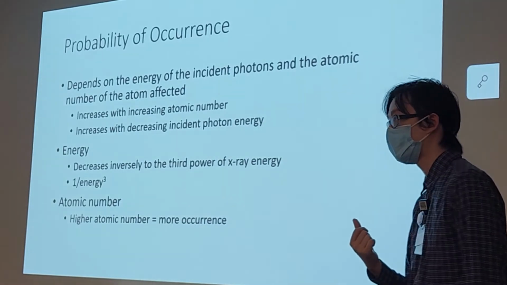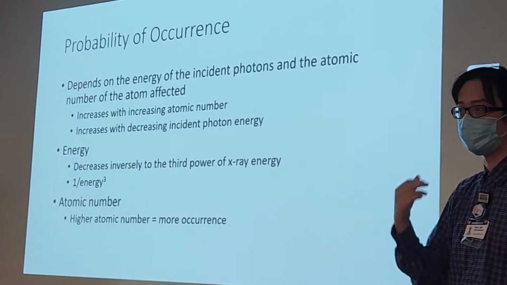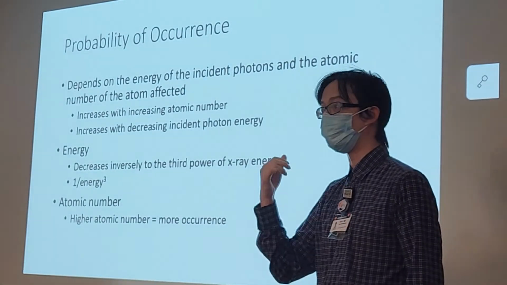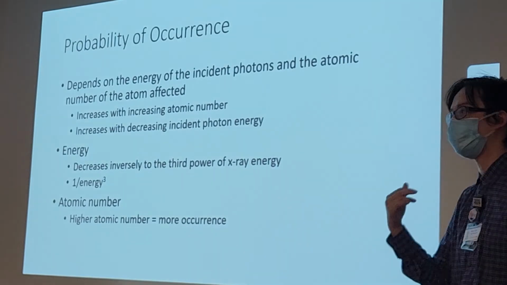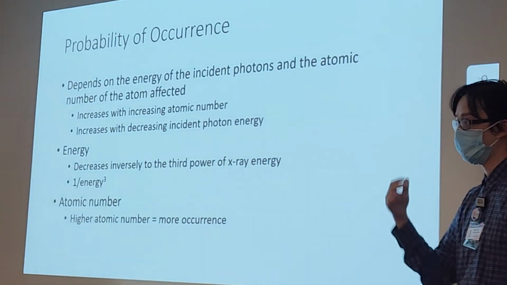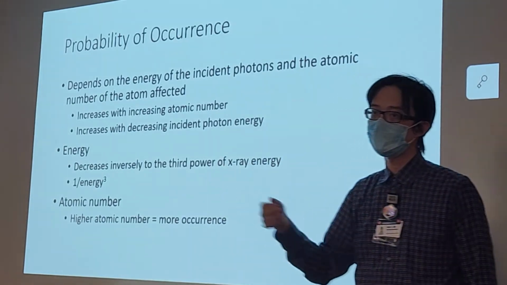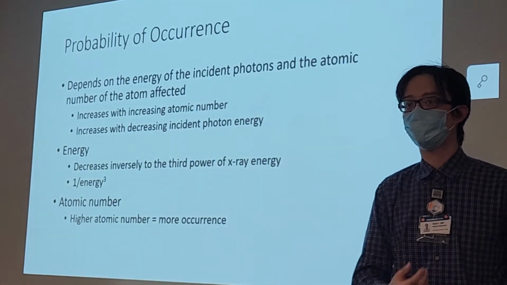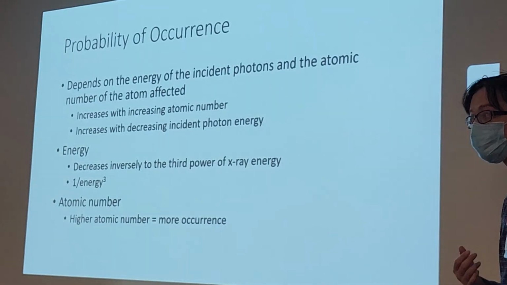Does that make sense? So photoelectric absorption is responsible for determining whether an object will be radio opaque or radiolucent. The higher the atomic number, the more photoelectric absorption we have, the more radio opaque that object is. Are we clear on that?